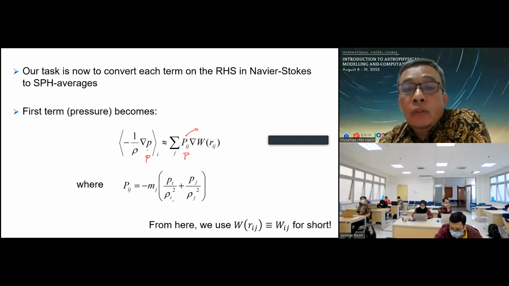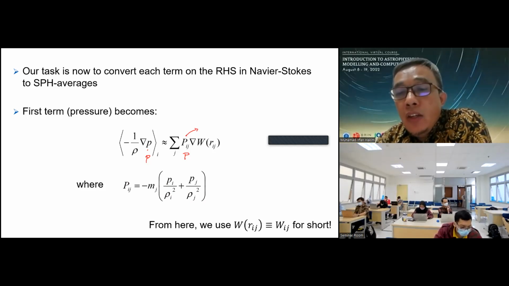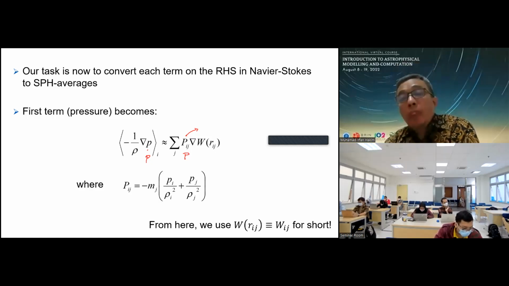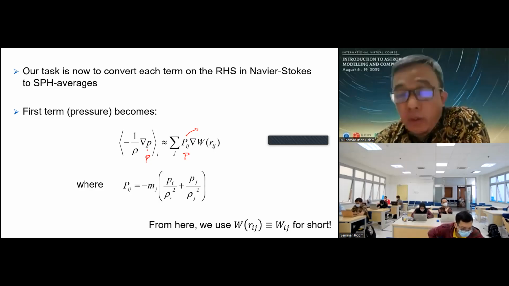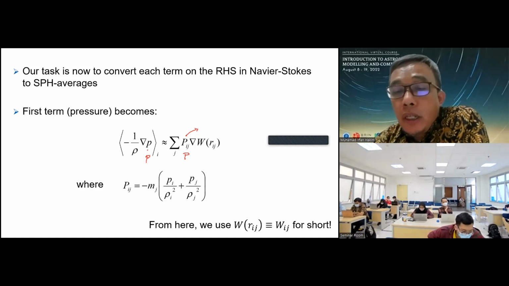And from here we use kernel function at the position r_ij here, written by W_ij for short. Of course, there is also smoothing length here.